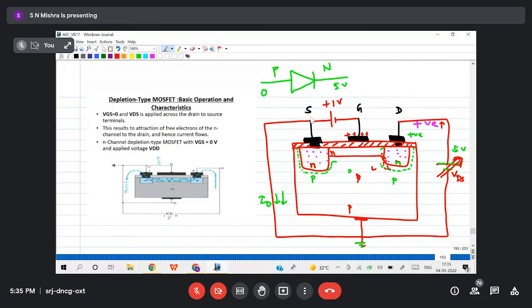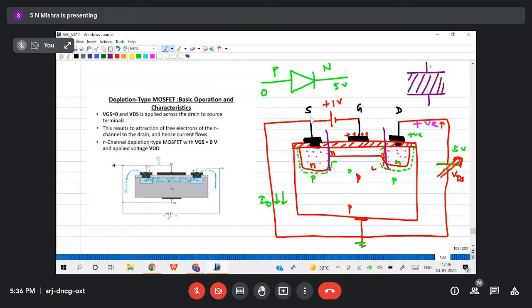one thing is very evident here. If you observe the structure from here to here, this is like a parallel plate capacitor. What is the role of a capacitor? We take two conducting plates, and between them an insulator is there.